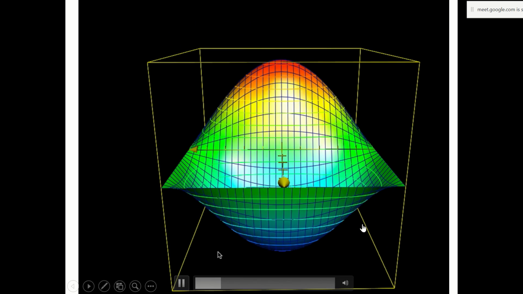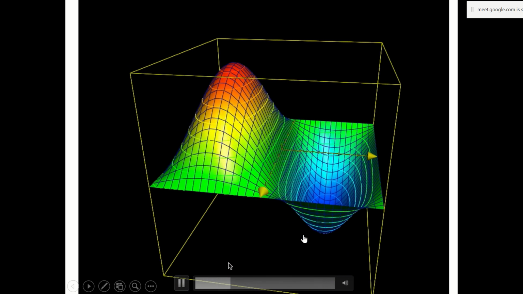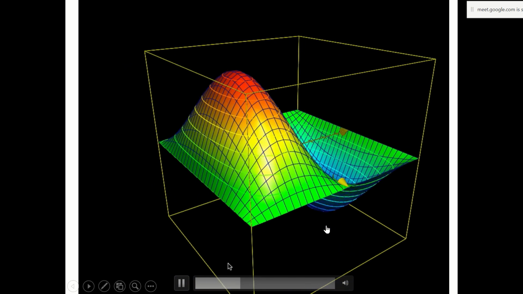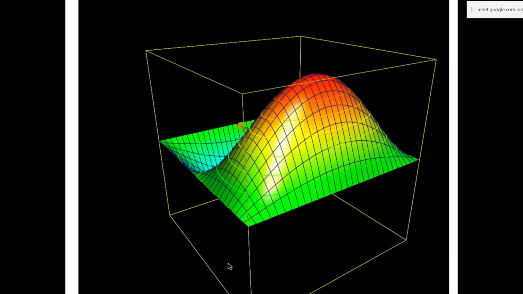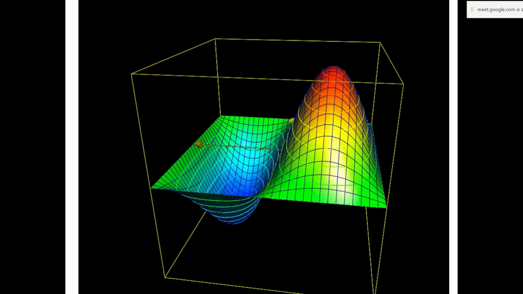What you see here is one half going up, the other side going down. So imagine a trampoline, one half going up, the other half going down. This is the kind of wave profile that you will generate.